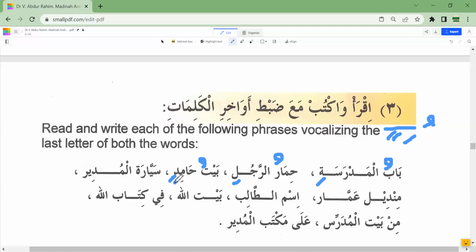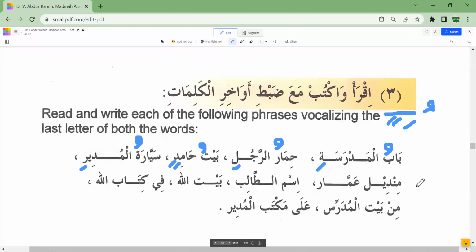Sayyarati. Al Mudir. Ziyaratul mudiri. Right. Mudiri, that is car. Mindilu Ammari.